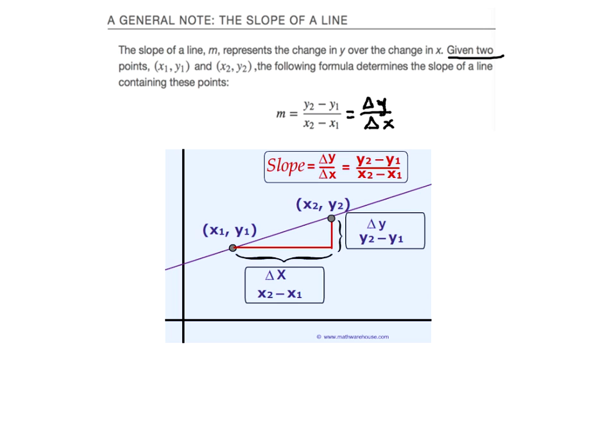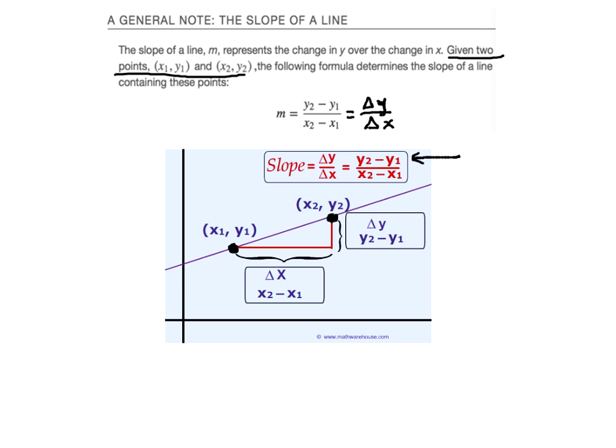Given 2 points, you have to have 2 points to be able to figure out the slope of a line. The following formula determines it. So if you are given 2 points, (x1, y1) and (x2, y2), to figure out the slope, you subtract the y values. Now notice that says y2 minus y1.